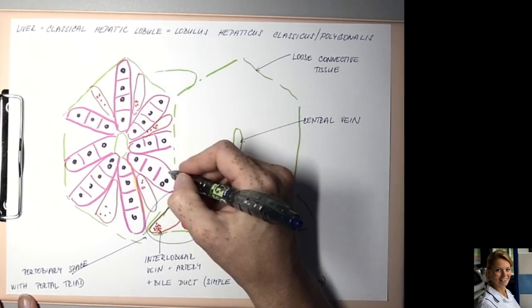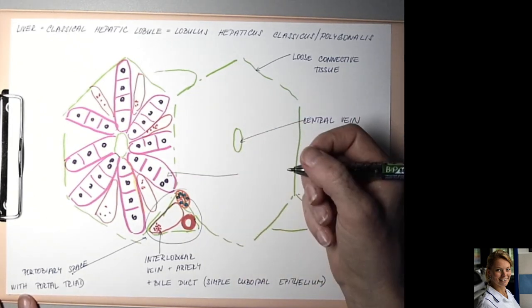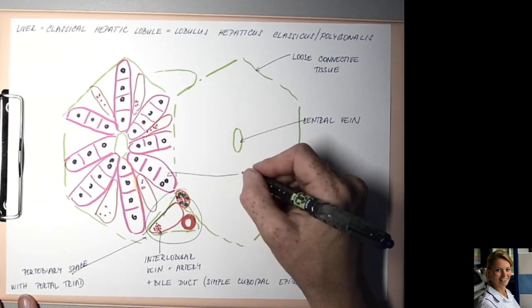These are the hepatocytes arranged as anastomosing trabecular epithelium.